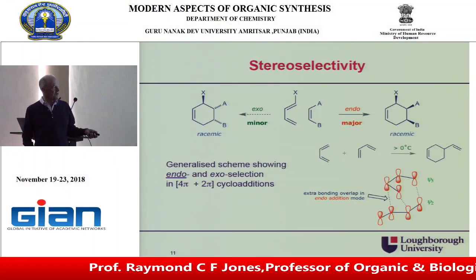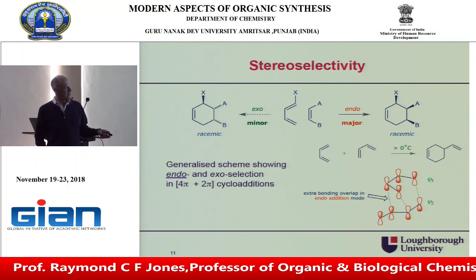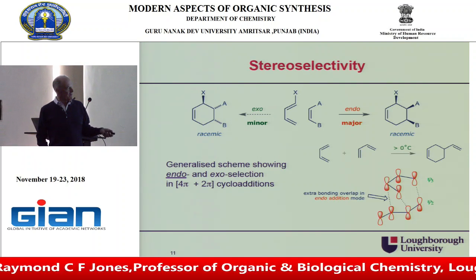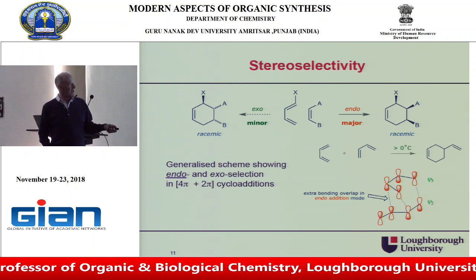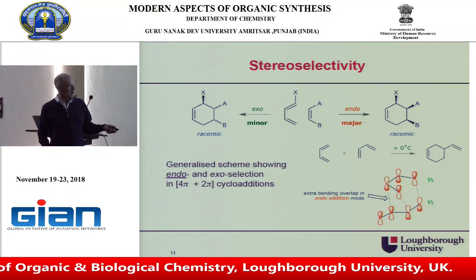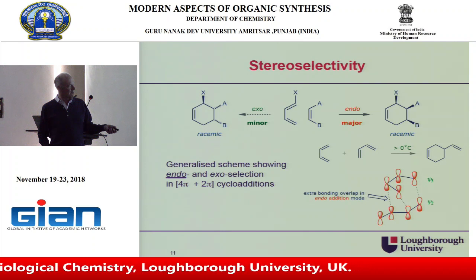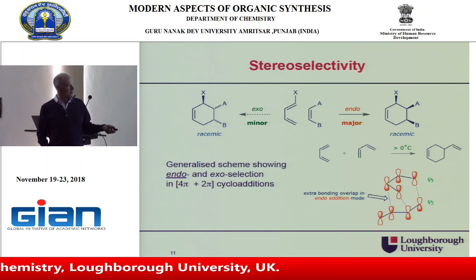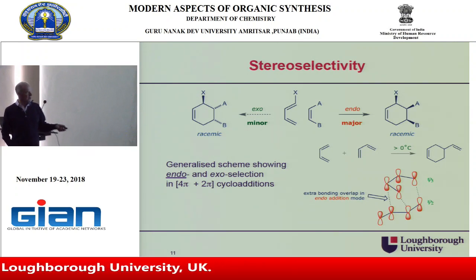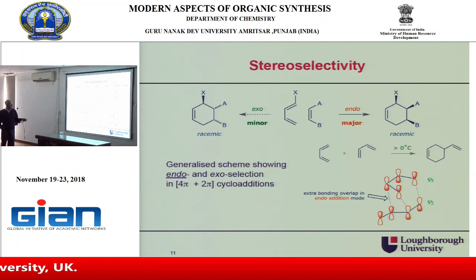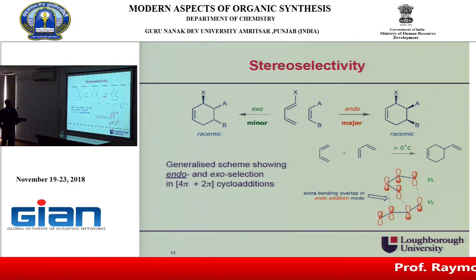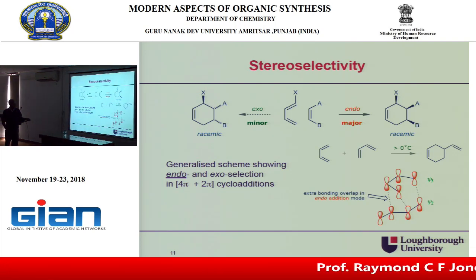And what you're looking at is can that interact with the back end of the diene, with one of those back carbons that's going to actually form the alkene in the product? Can you get a good interaction there? So we've drawn this so that the 2 pi component here and the 4 pi component there, that's the LUMO, that's the HOMO.